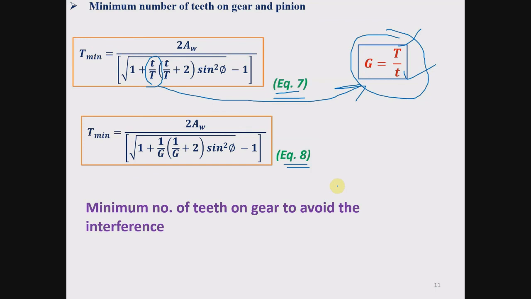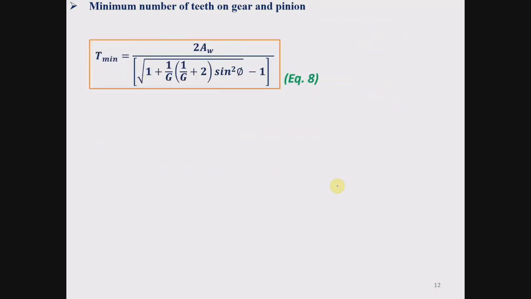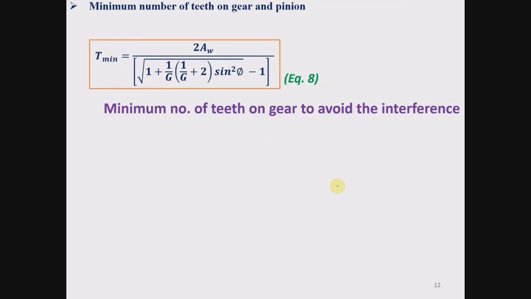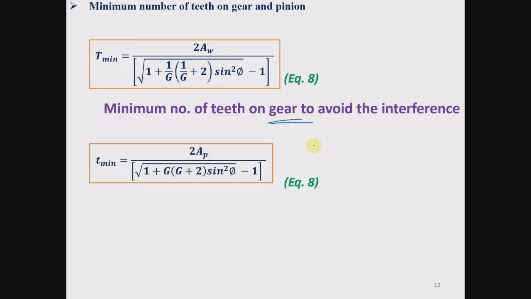Now similarly, this is our equation number 8, which will give the minimum number of teeth on gear wheel. Now just write down. Similarly, we can find the equation for minimum number of teeth on pinion to avoid the interference with gear.